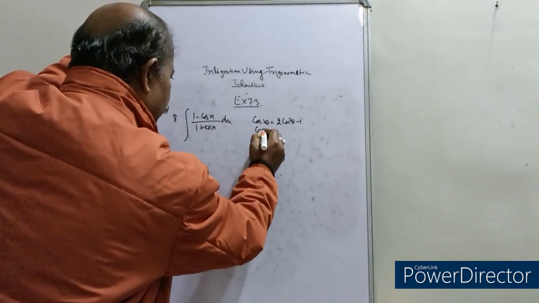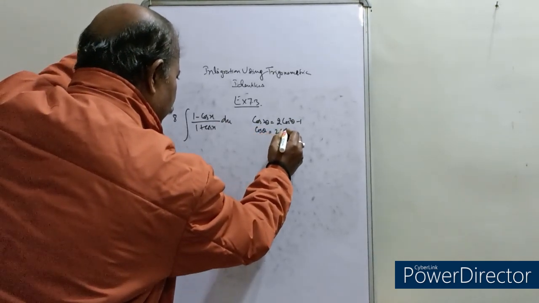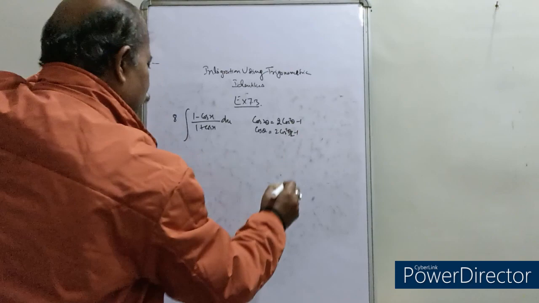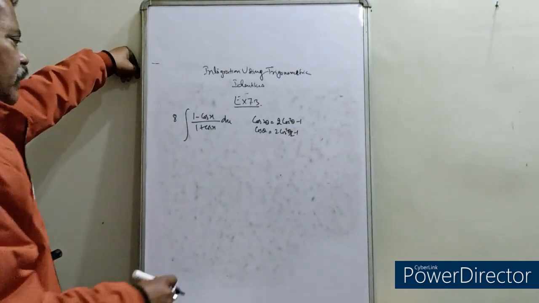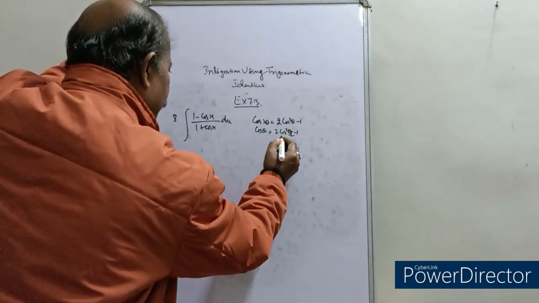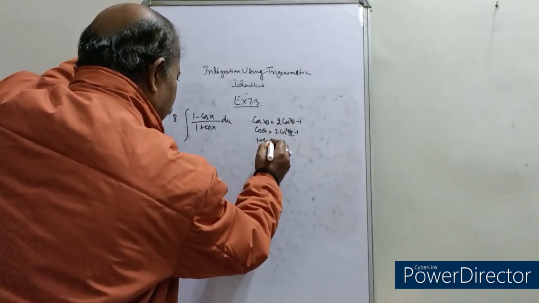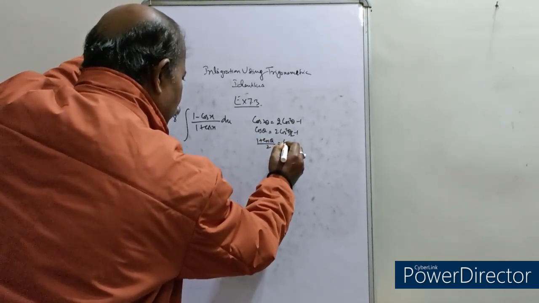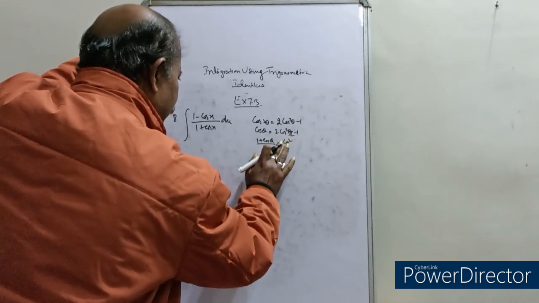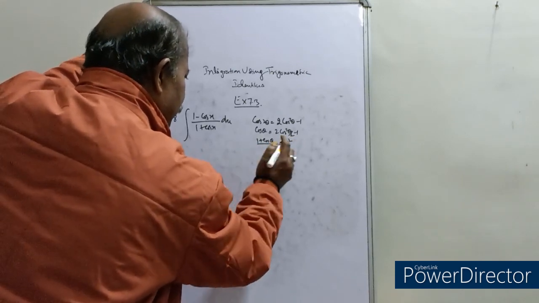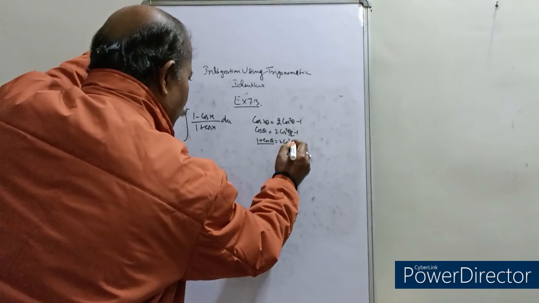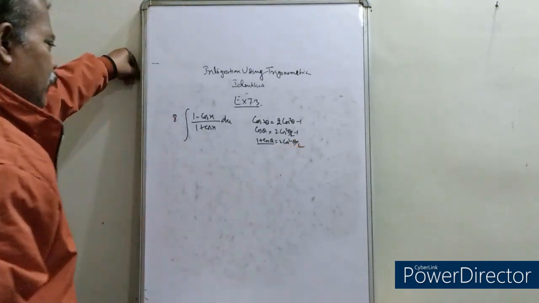If it is cos theta, then it is 2 cos square theta by 2 minus 1. So this comes out to be 1 plus cos theta equals 2 cos square theta by 2.